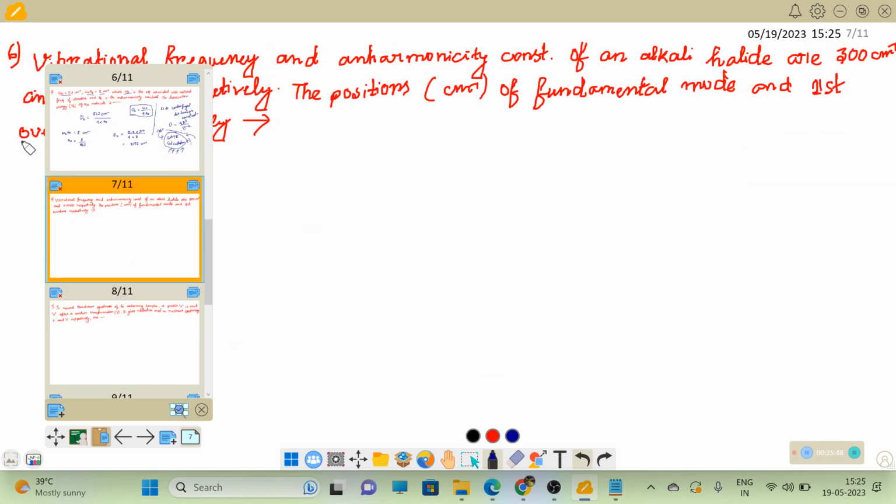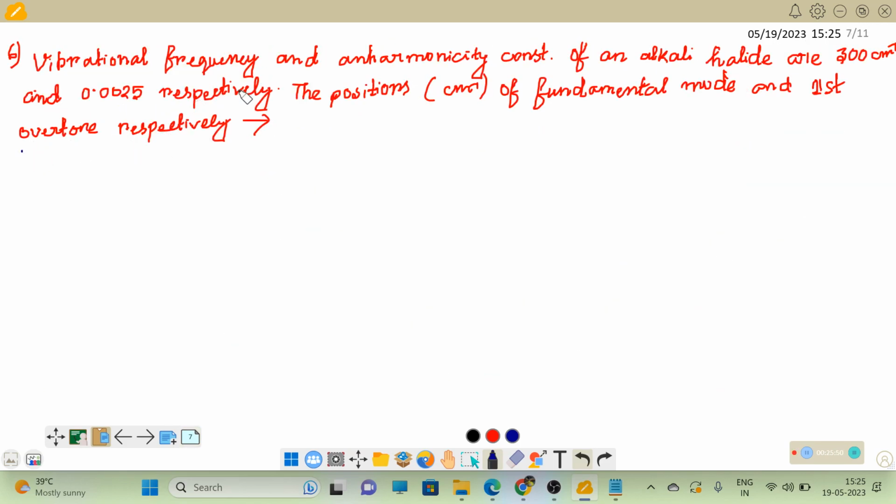Coming to the next question. The vibrational frequency and the anharmonicity constant of the alkyl halide is 3. Okay, vibrational frequency is omega e and anharmonicity is x e. You have to look first at what is given in the problem and what you have to find, meaning what is our final target and what is already given.